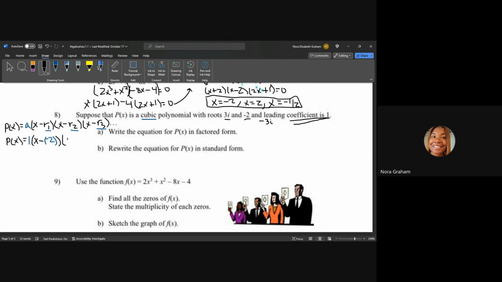Then I have x minus, next I have positive 3i. And then I have x minus, then I have that -3i.